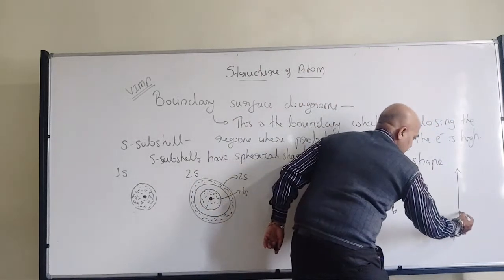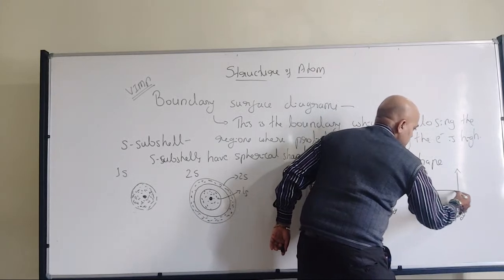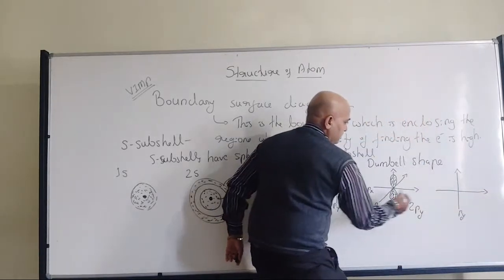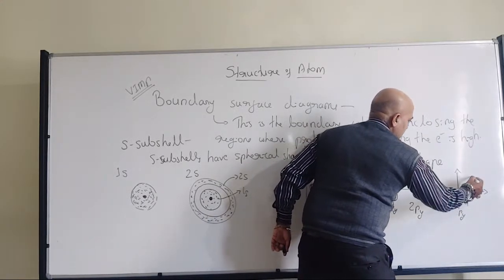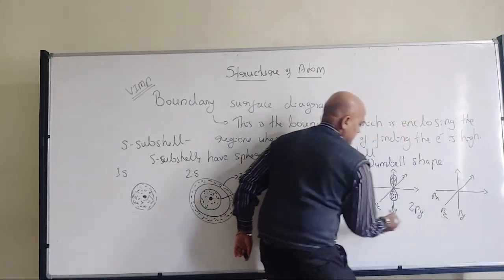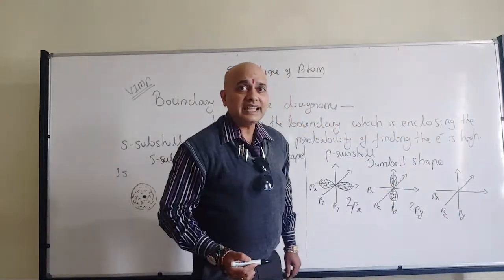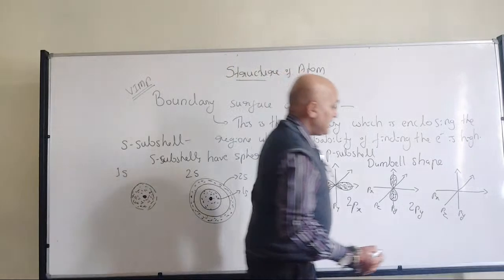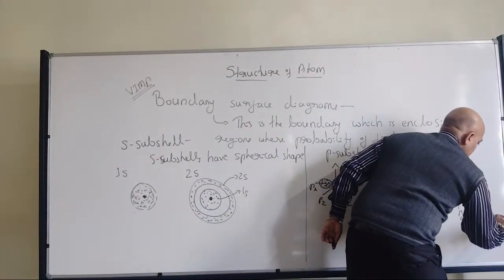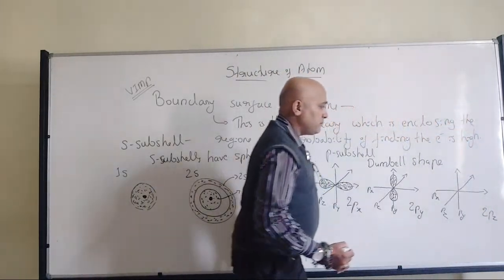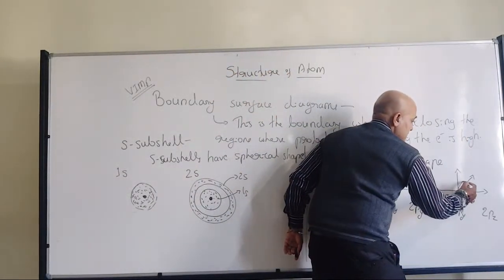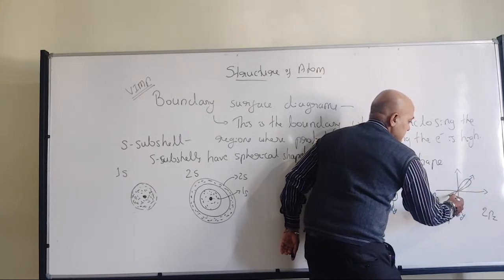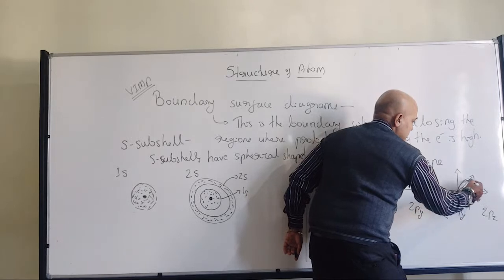Here also I have taken px, so this one I will make pz. So 3 axes I have taken. And the next one will be 2pz. Therefore, it should be along the z axis.